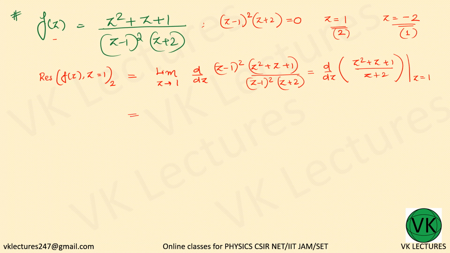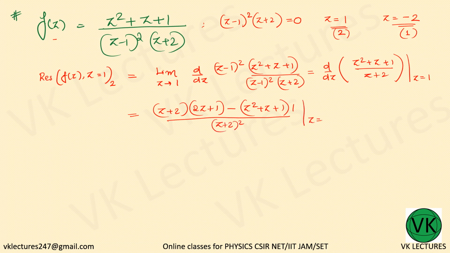So this is u by v differentiation, so this is equal to (z plus 2) into the differentiation of the numerator, that is (2z plus 1), minus (z squared plus z plus 1) into the differentiation of the denominator, that is 1, divided by the denominator squared, (z plus 2) squared, and this is at z equal to 1.